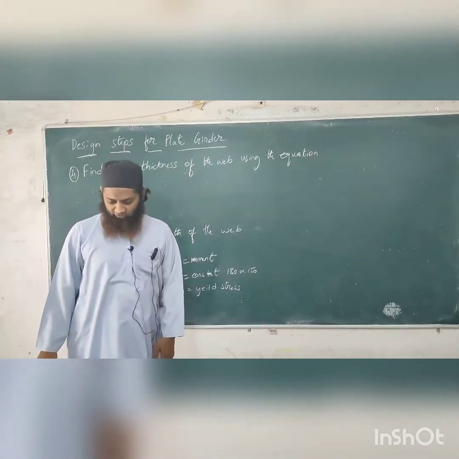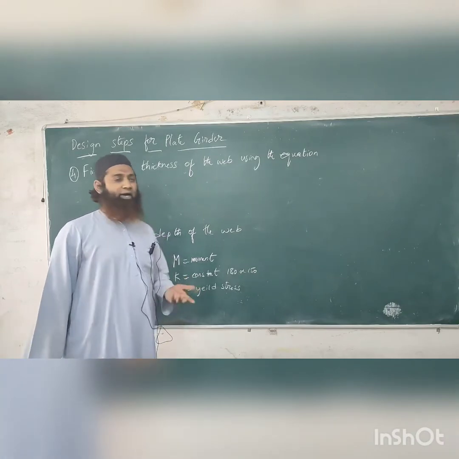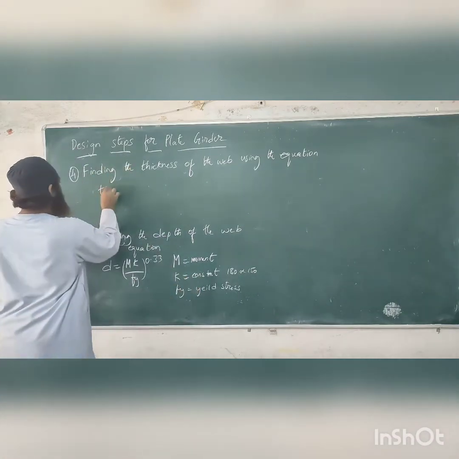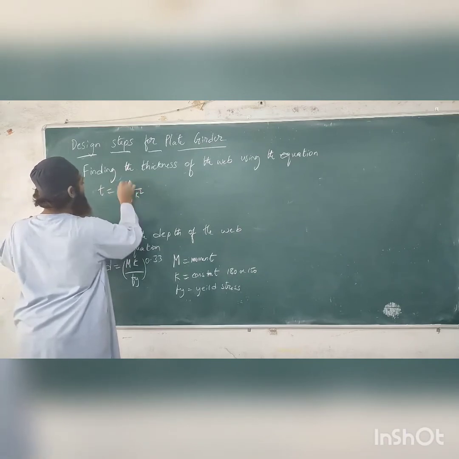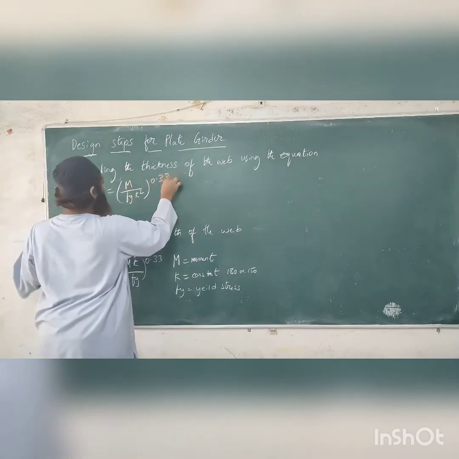We have an equation for that also. t is equal to (M by Fy k squared) to the power of 0.33.